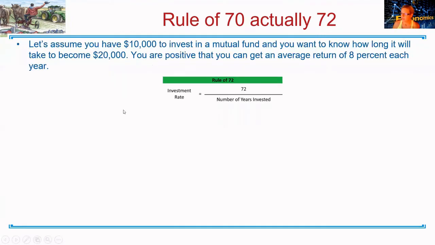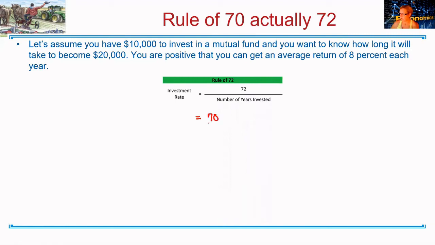So let's look at an example of a problem you might see. Let's assume you have $10,000 to invest in a mutual fund, and you want to know how long it'll take to double to 20,000. You're positive you can get an average rate of return of 8% each year. So we're going to take a look at the number of years. So I'll use 70 here just because that's what your book uses.